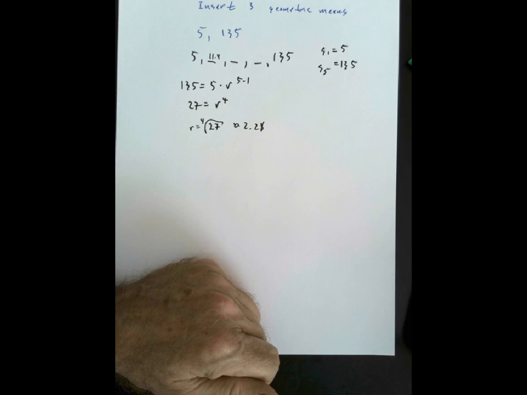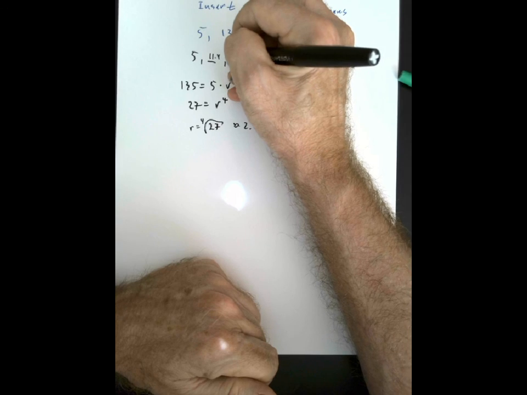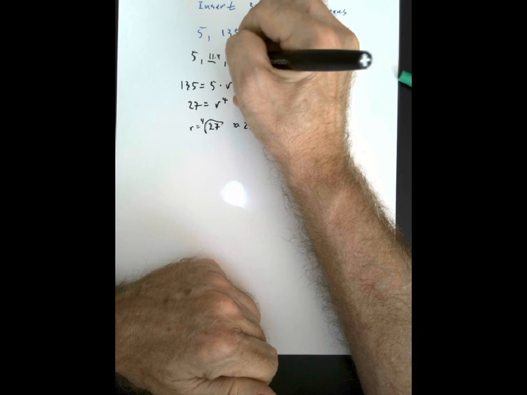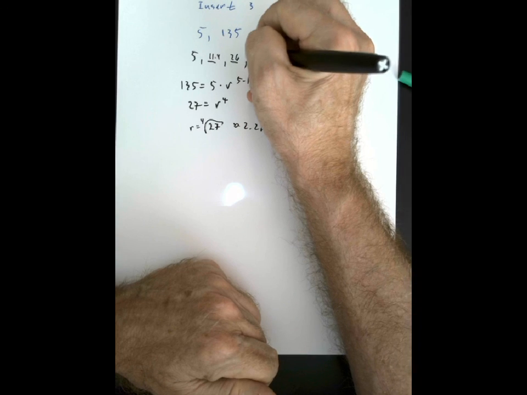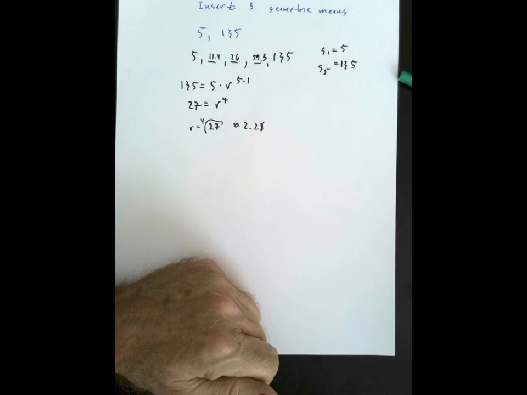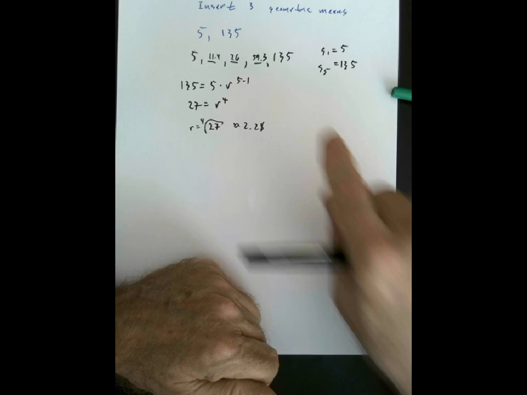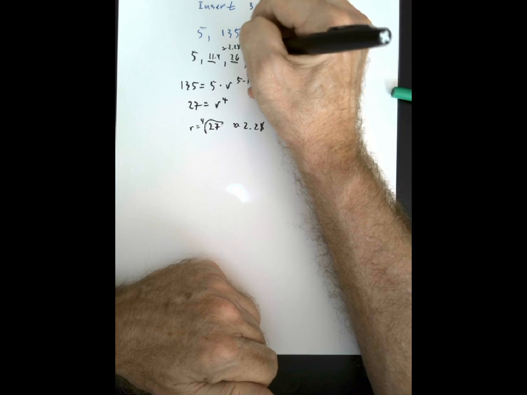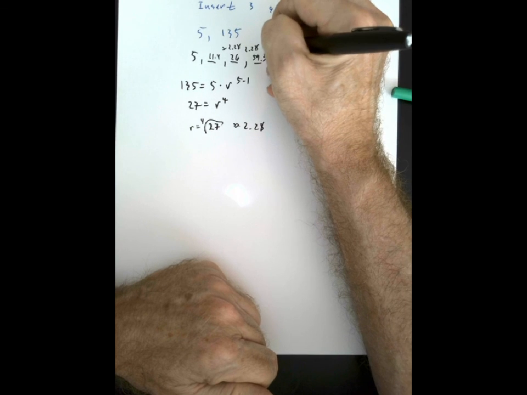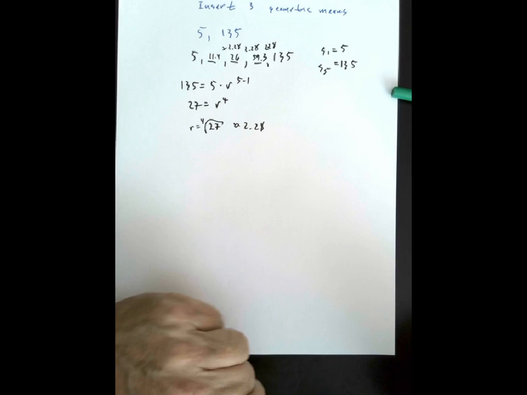We multiply times 2.28 is 25 point, that's actually just about 26, times 2.28 is about 59.3, and then times 2.28 is just about 135, right? So each time we multiplied that by 2.28. Now I was hoping that would come out evenly, but oh well.